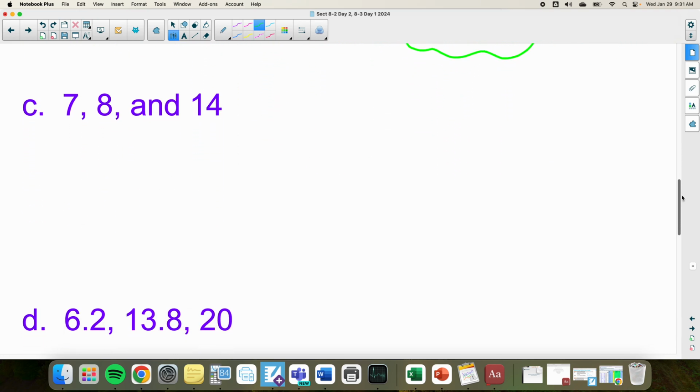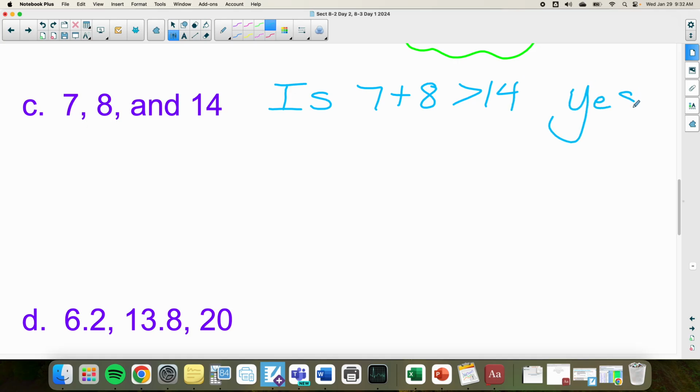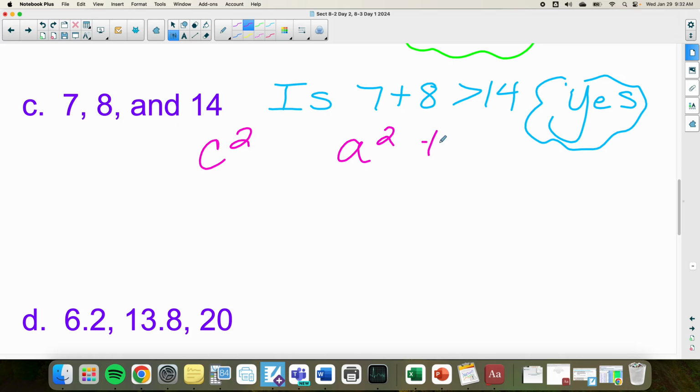So here I could go, is 7 plus 8 greater than 14? And it is. Okay. Then what I need to do is my c squared and my a squared plus b squared. C is your biggest number, which is 14 squared.